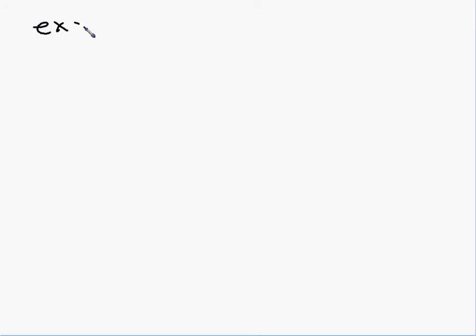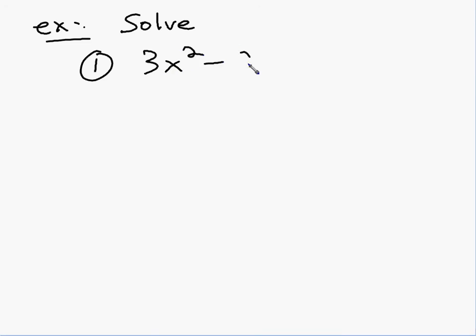What if they tell you to solve a quadratic? And if you remember, when we did the discriminant, we said the 3 possibilities for a quadratic were 2 solutions, 1 solution, or no real solutions. But there can be imaginary solutions.